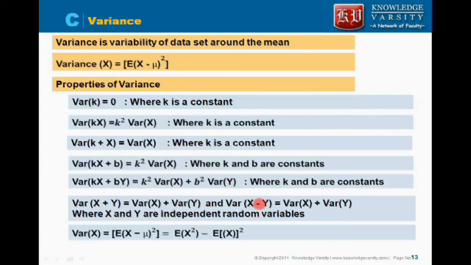Now this is a very good thing, and please note that variance of x minus y is not variance of x minus variance of y, it is variance of x plus variance of y, because we are dealing with squared terms and this minus whole square will become plus. So variance of x plus y and variance of x minus y are the same, that is variance of x plus variance of y.